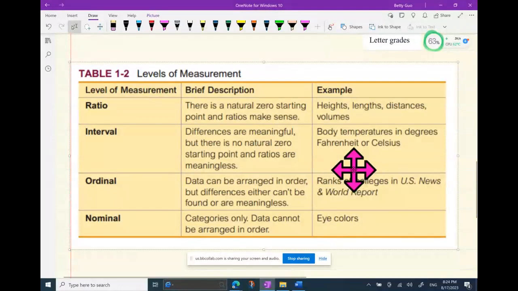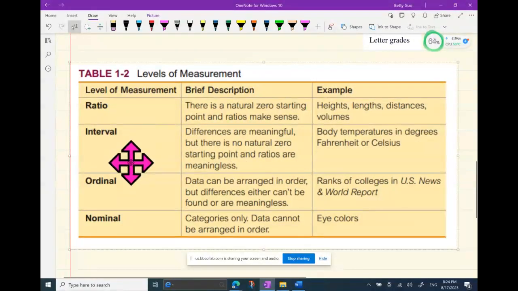But what's the natural starting point of time? I do not know. So it does not have a natural starting point, and that kind of data satisfies the interval level of measurement. Does that make sense?